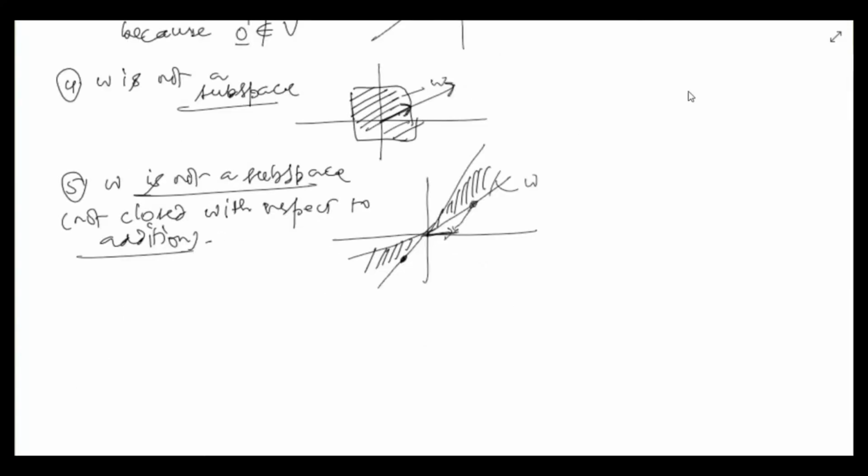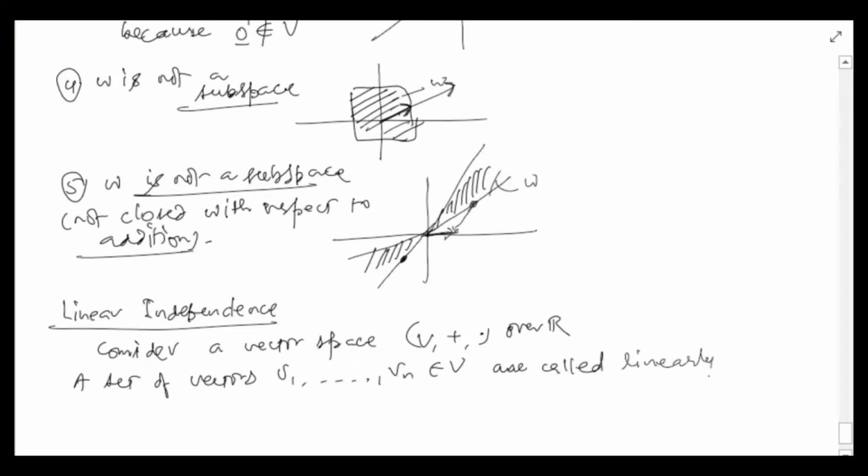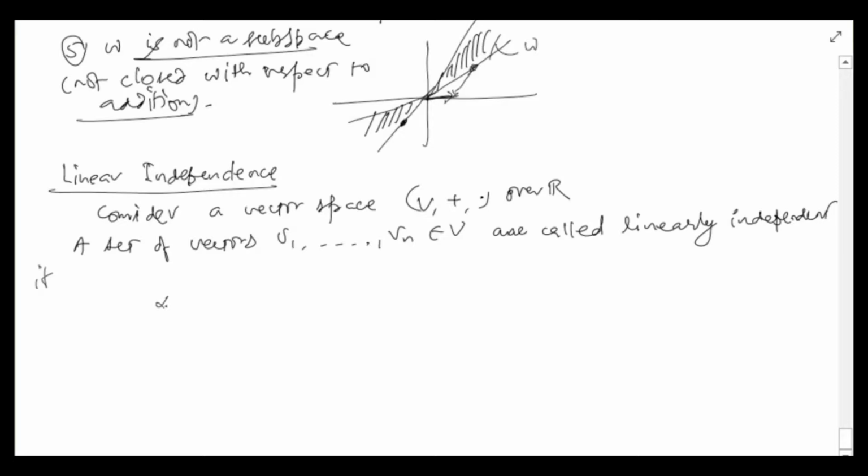Now let me define the notion of linear independence of vectors. Let us consider a vector space V, plus, dot over R. Then a set of vectors v1 to vn, all belonging to V, are called linearly independent if alpha 1 v1 plus alpha 2 v2 plus dot dot dot alpha n vn is 0 only if all the alphas are 0.